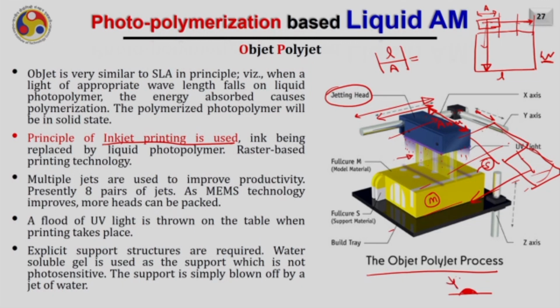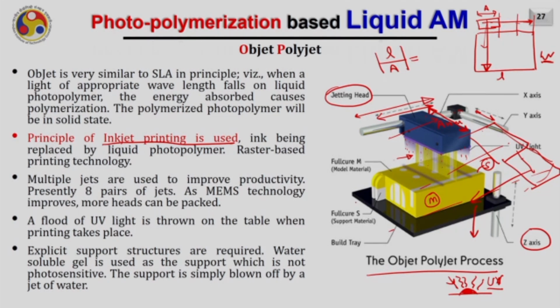Immediately the UV light comes over it and cures it immediately. Of course, the required power of the UV light should be slightly higher in this case, as we want to instantaneously cure the droplets that are falling on the substrate. There is a z axis here which keeps on going down after completion of each layer and the part gets built.